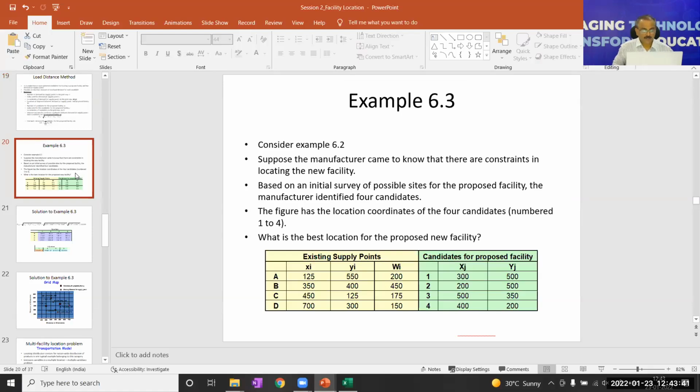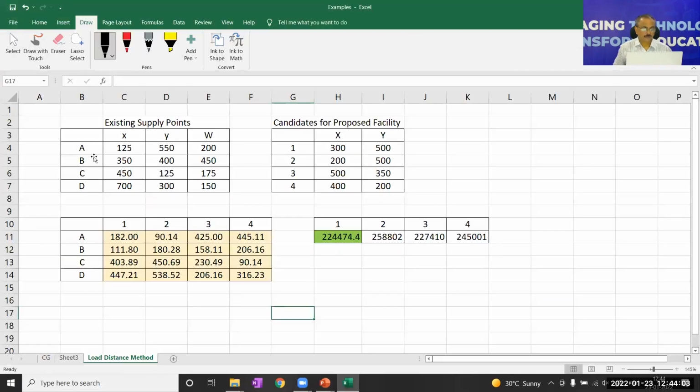Okay, another situation can be like we have 4 existing supply points and for that we have 4 different candidates from which we can get the supply. So let's say there are 4 warehouses which are existing, and for each of the 4 warehouses, there is a requirement in terms of the load that is considered.